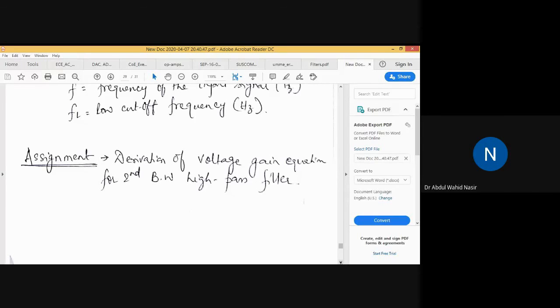The only thing is that the positions of R and C are interchanged, so there will be changes in the voltages, and consequently Vo by Vin will also change. The derivation of this will be an assignment.